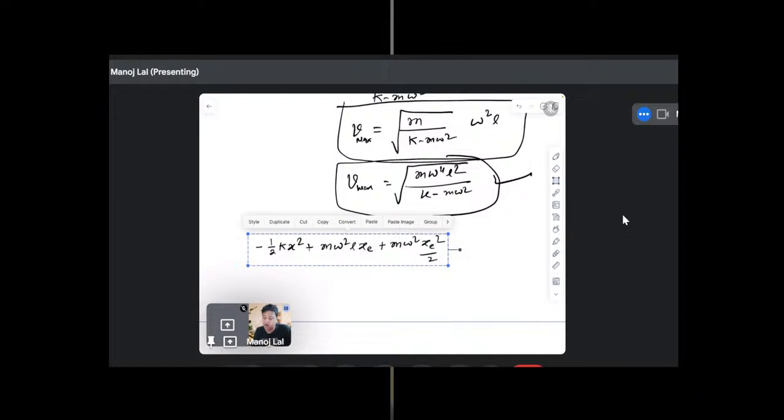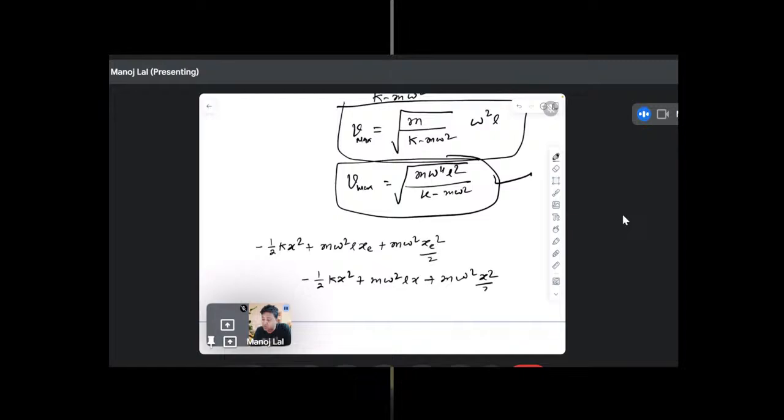In place of xe, I will write x. So let me rewrite: minus half kx square plus m omega square l x, no xe, l x plus m omega square x square by 2 is equal to change in kinetic energy, that is 0 minus 0.